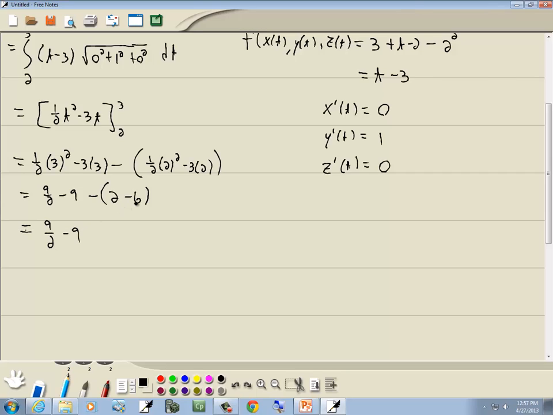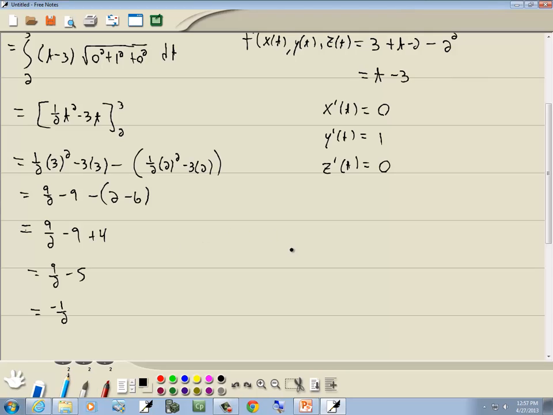2 minus 6 is negative 4, and negative gives us a positive 4, so that gives us negative 5. Negative 5 times 2 is negative 10, plus 1 is negative 1/2. Assuming no basic math error. And since I'm kind of fading a little bit here, it's very likely I did make a basic math error somewhere.